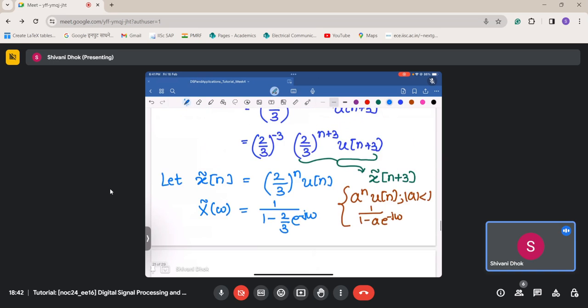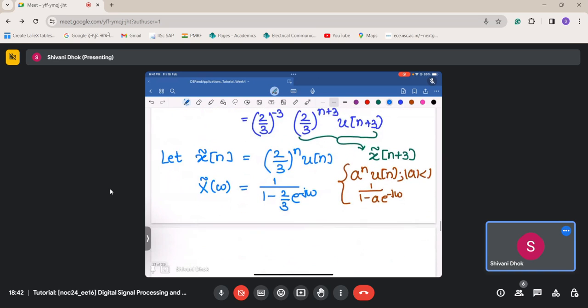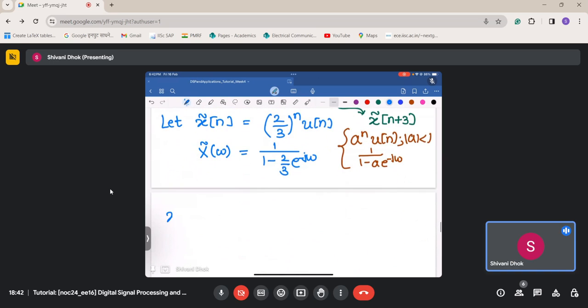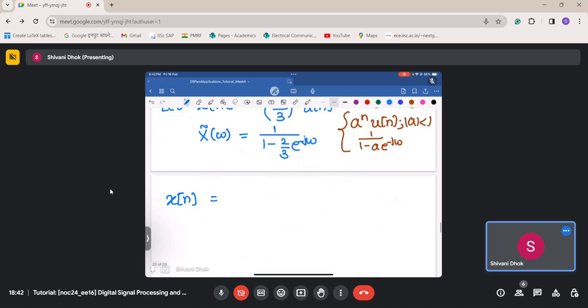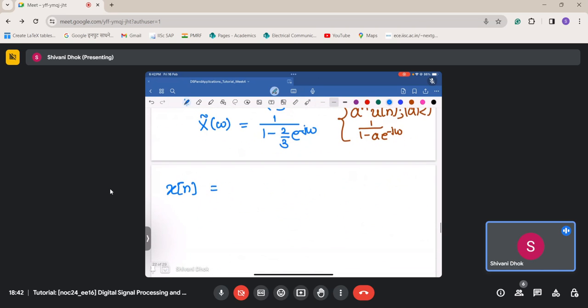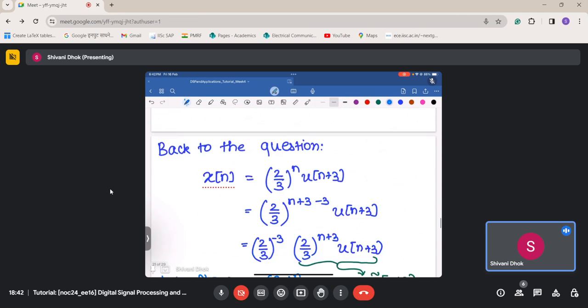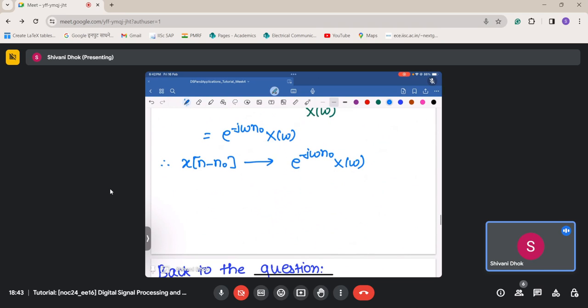Now let's get back to our original x of n. We have x of n as 2 by 3 to the power minus 3, which I can write as 3 by 2 to the power 3 into x tilde of n plus 3. Now let's get back to the property which we derived. We saw that x of n minus n naught will have a DTFT of e power minus j omega n naught x of omega.